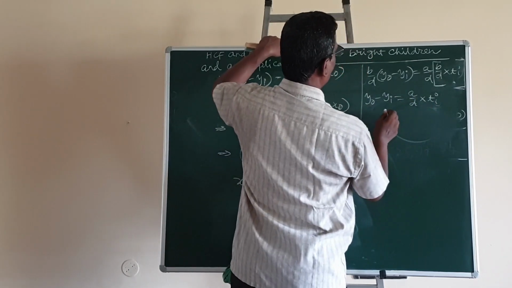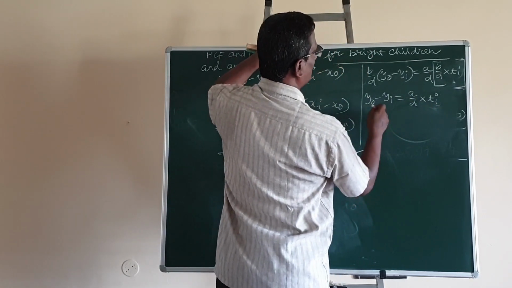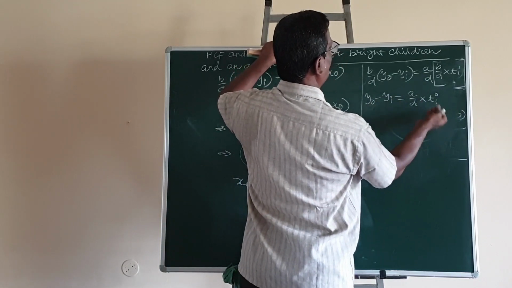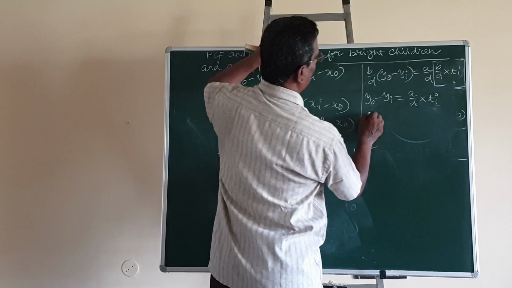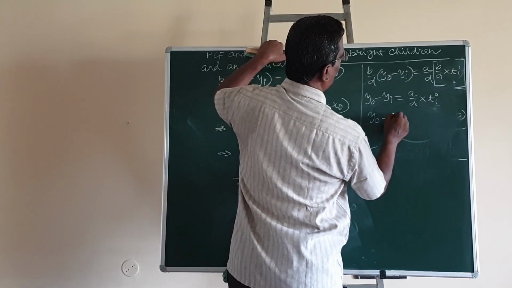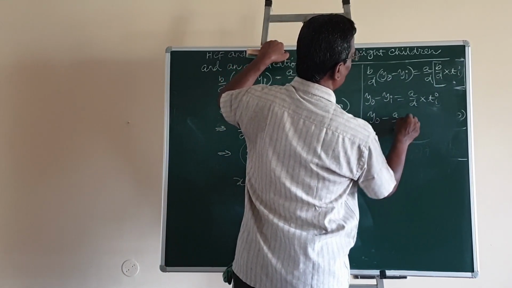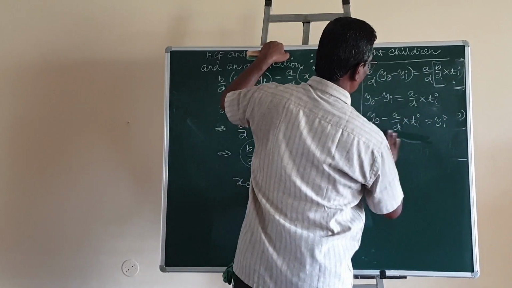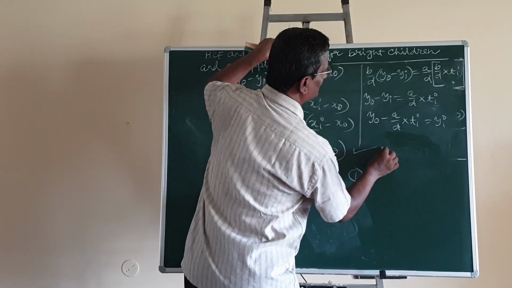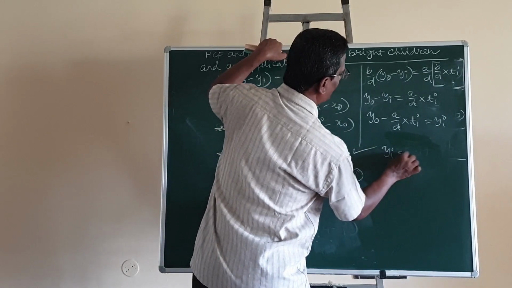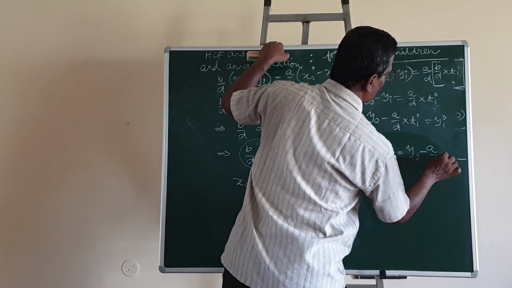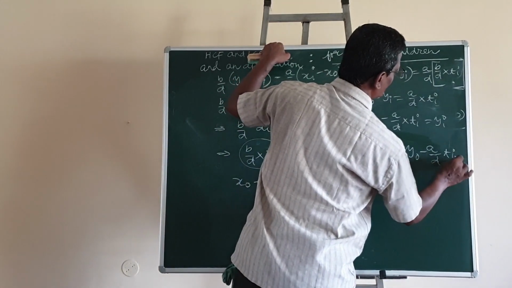Now let us transform by taking this yi to one side and the remaining all to the other side. y0 minus a by d into ti is equal to yi. By interchanging LHS and RHS, yi is equal to y0 minus a by d into ti.